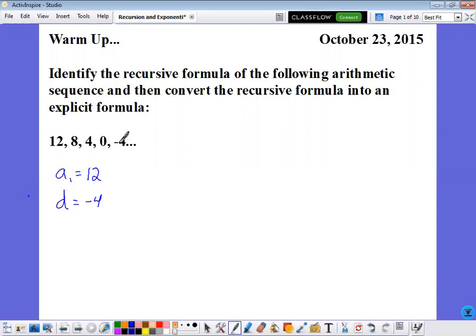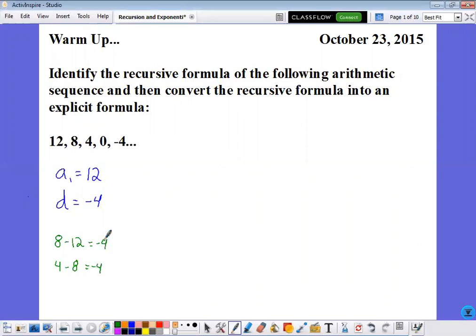Now, don't freak out about this whole thing when we have a transition from positives to negatives. We did talk about a way to find your common difference quickly. You can take your second term, subtract your first term, and it gives you -4. Take your third term, subtract your second term, and it gives you that same thing.